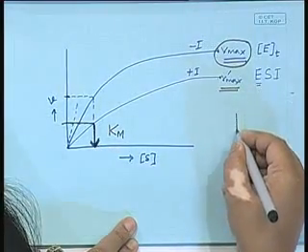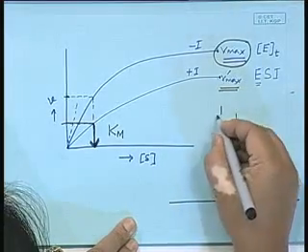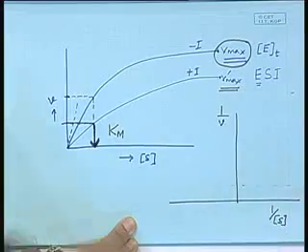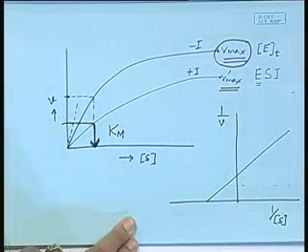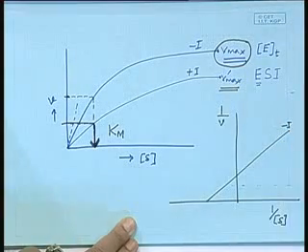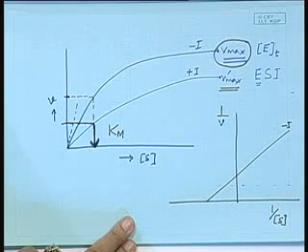So now if I look at the Lineweaver-Burk plot, what am I going to have? I have an uninhibited enzyme, minus I. I have now an inhibitor added with the same Km.